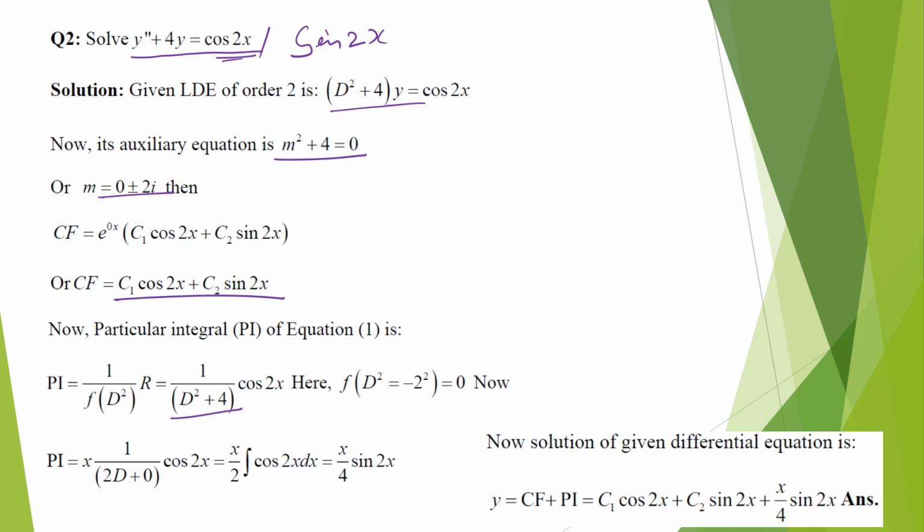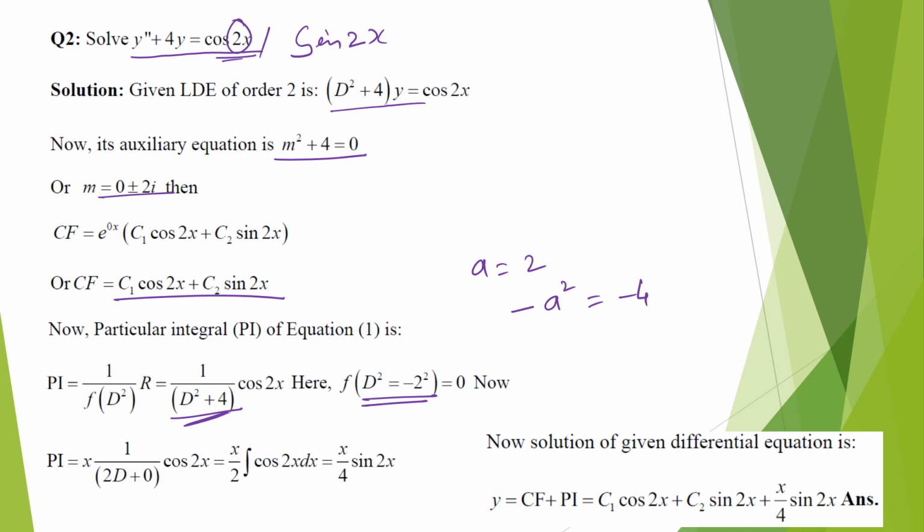Substituting the value of d square over here, because a is equal to 2, then minus a square is equal to minus 4, so the denominator will be 0 if we substitute d square equal to minus 4. So we just multiply with x and differentiate the denominator term.